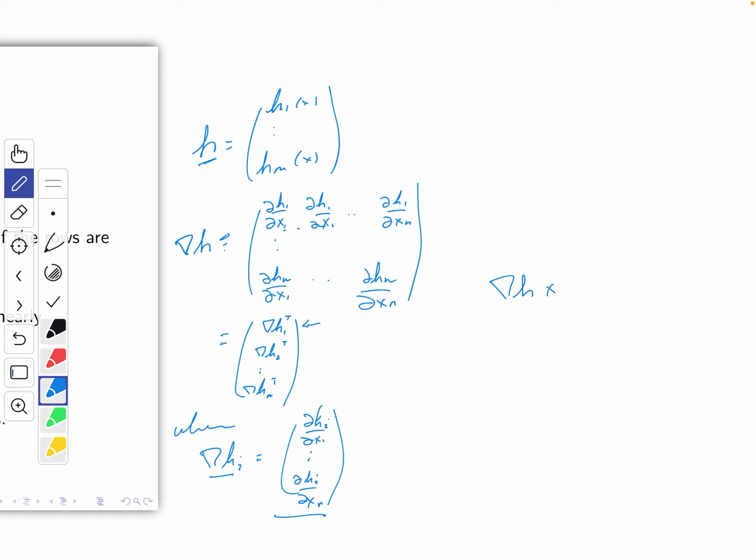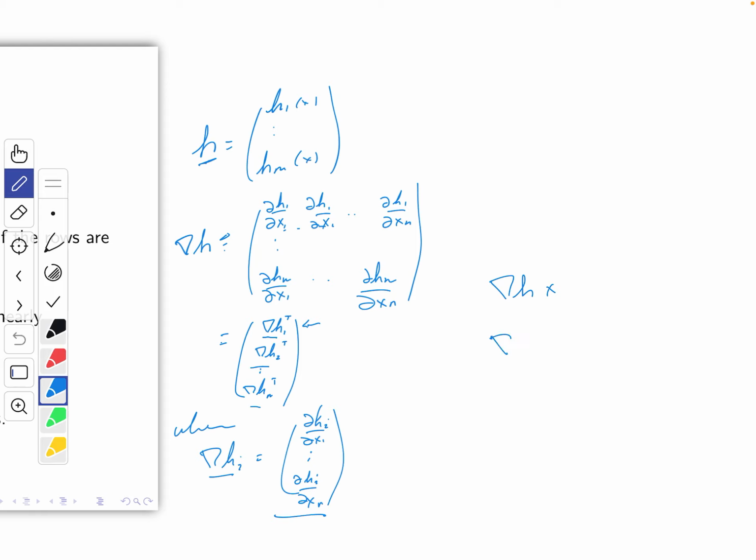This is at x star, so we want to look at all the tangent planes where, in other words, we want a tangent plane that's orthogonal to each of these.